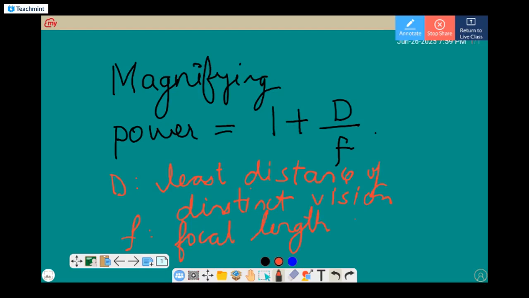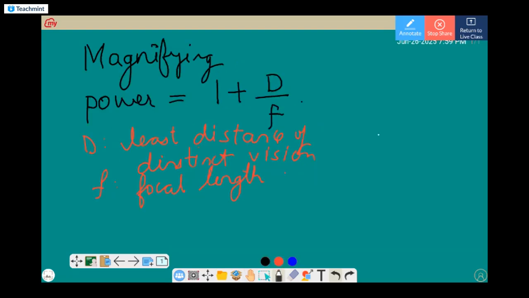Okay. So the technique is, if you want to increase the magnifying power, you just have to work on one part. You have to make the focal length very, very small. But it cannot have an infinite magnifying power. There is a limit to it, right? You cannot start seeing very microscopic things like microorganisms.